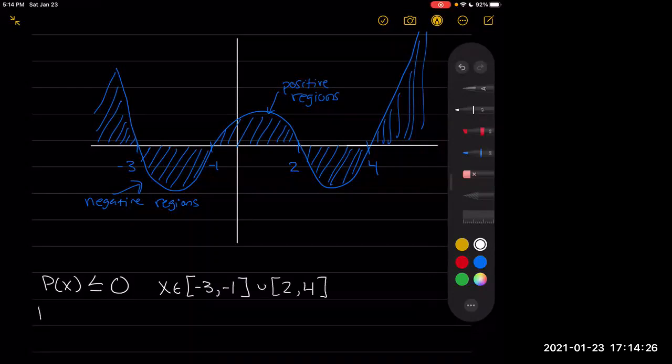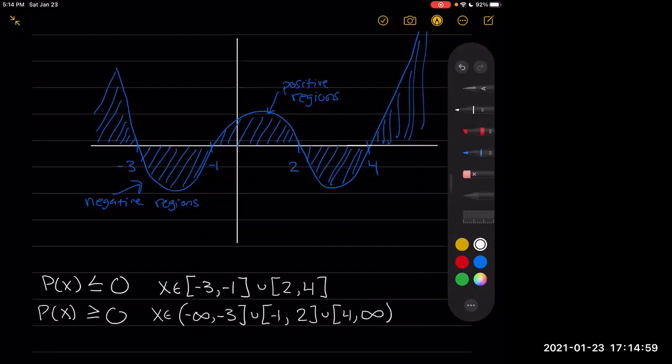And then p of x is greater than or equal to 0 for x in, when we work with infinity, we do a regular parenthesis instead of a hard bracket. So -infinity to -3 union -1 to 2, and then union 4 to positive infinity.